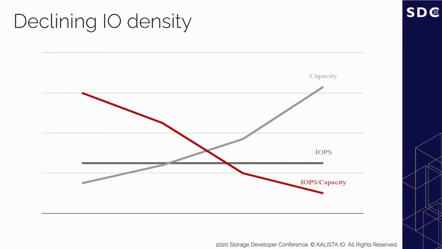This results in a steady decrease in the amount of performance we can expect for a given amount of capacity, which leads to a problem of stranded capacity, as latency-sensitive workloads cannot fully utilize available capacity. If you are interested to learn more about this, I recommend Tim Walker's talk on multi-actuator drives in the storage architecture track.